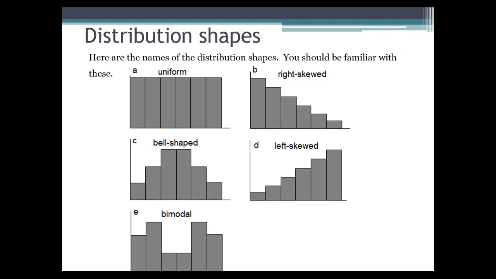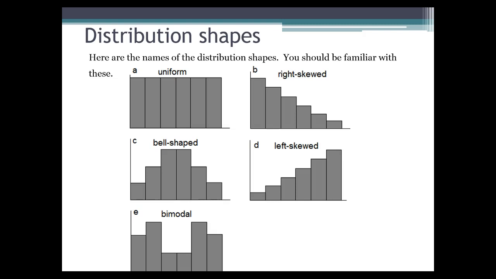Each one of these has a name, and I want you to be familiar with the name. A they call uniform, C is bell-shaped or normal. They'll call it normal. Mound-shaped. E is called bimodal.